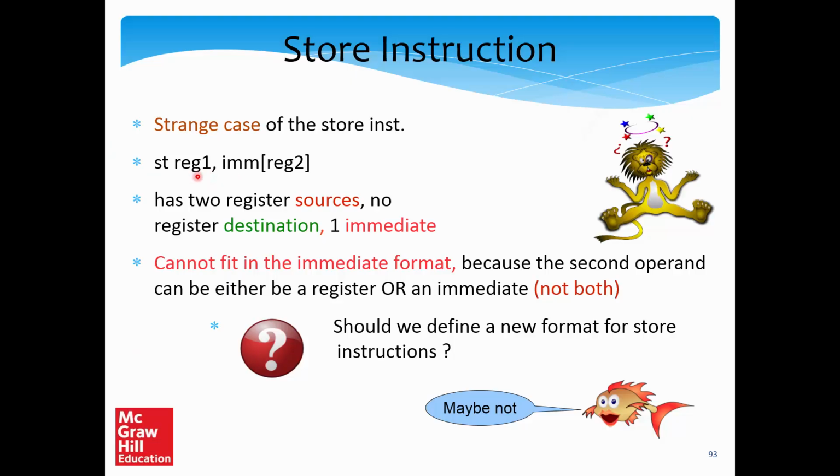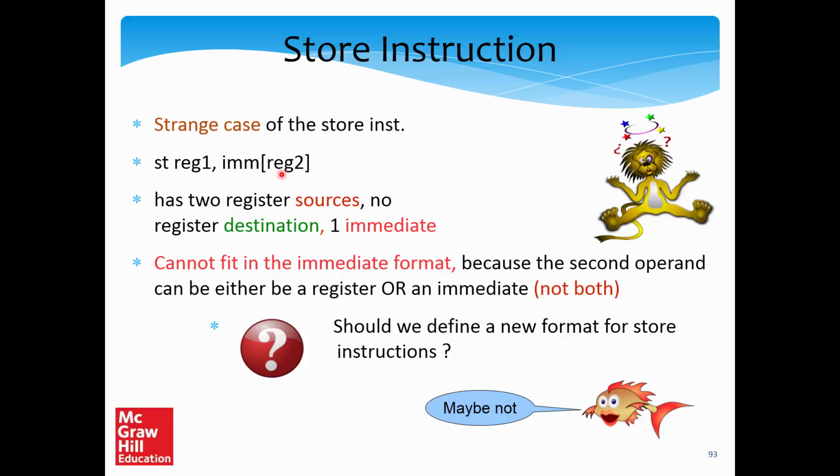One of them is a register source, which provides the data that needs to be stored in a memory address. In the memory address, reg2 is the base address and im is the offset. So essentially it has 2 register sources, reg1 and reg2, from which we get data. The destination is memory, so there is no register destination, and there is one immediate.